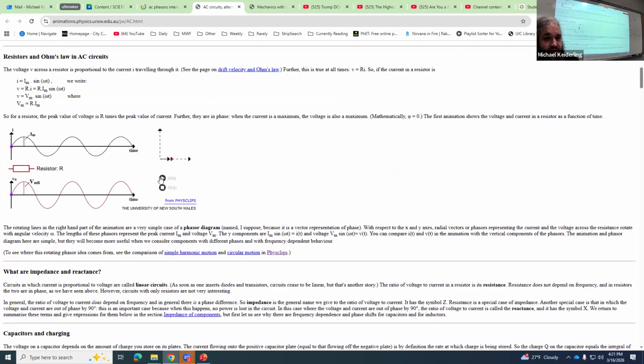Here you can see a resistor with current and voltage, and you can see how current and voltage are in sync with each other on the resistor. And you can see how the phasors point in the same direction.